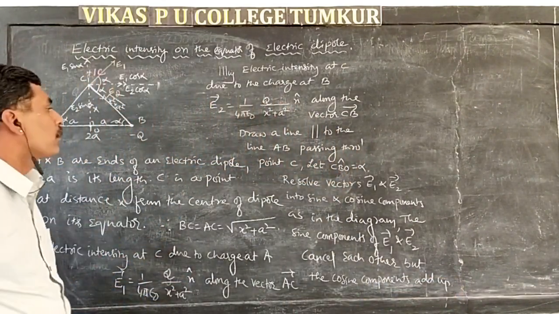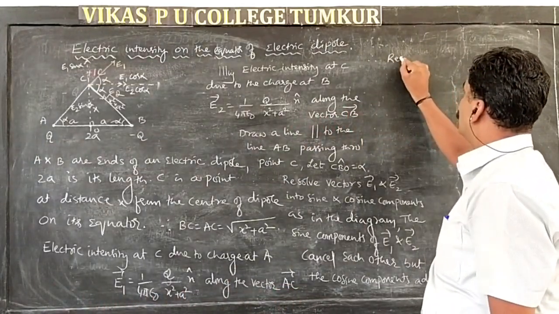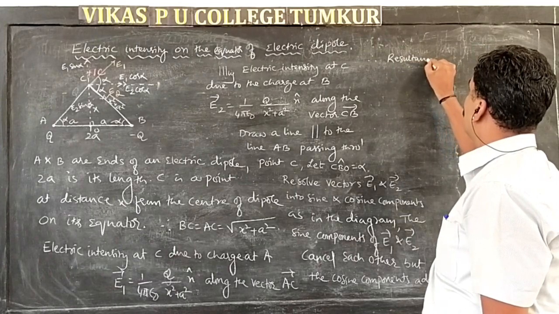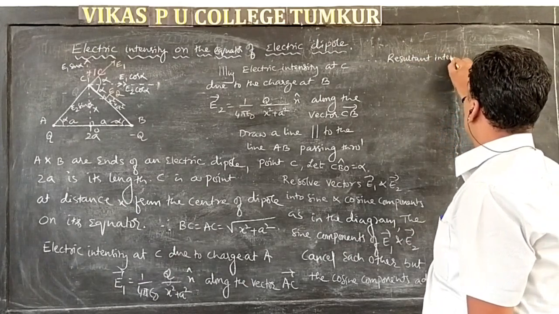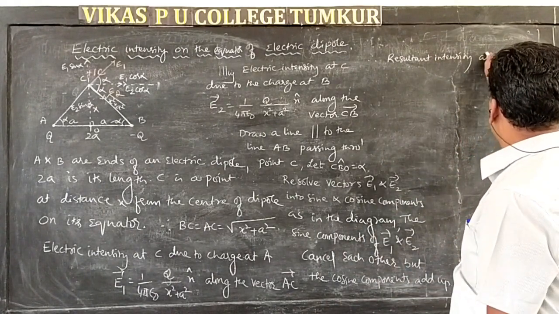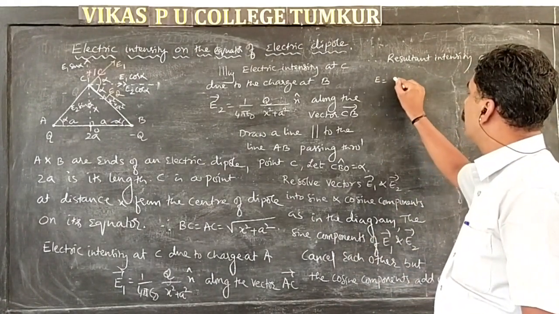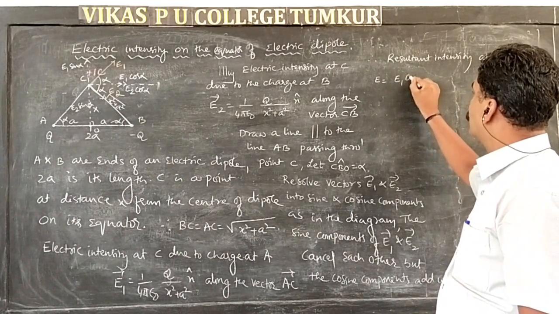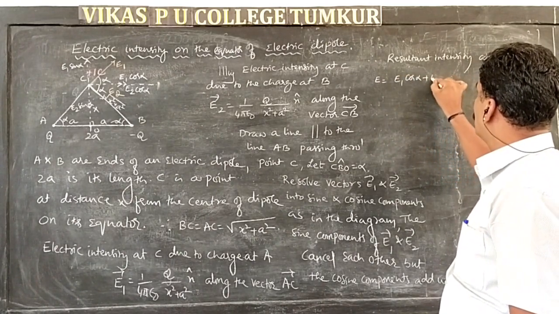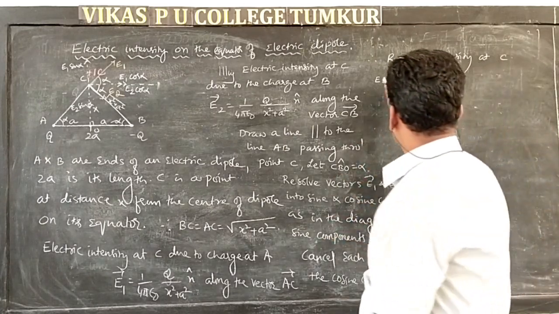Clear? Therefore, the resultant intensity at C will be E equal to E1 cos alpha plus E2 cos alpha.